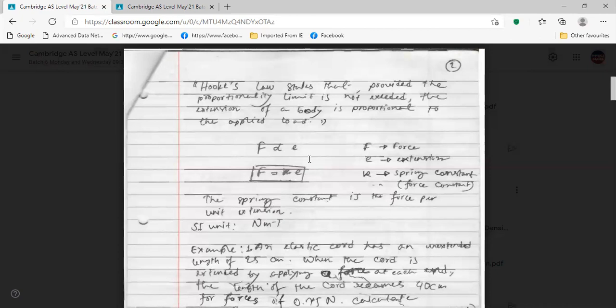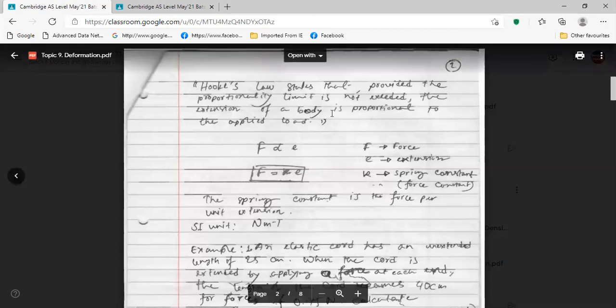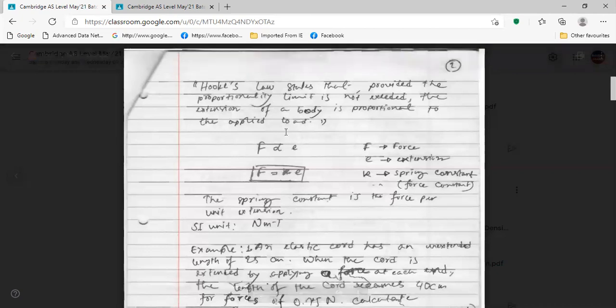Here they wrote tension. The extension of a body is proportional to the applied load. Okay. F is directly proportional to extension. Applied force. Yes, sir.